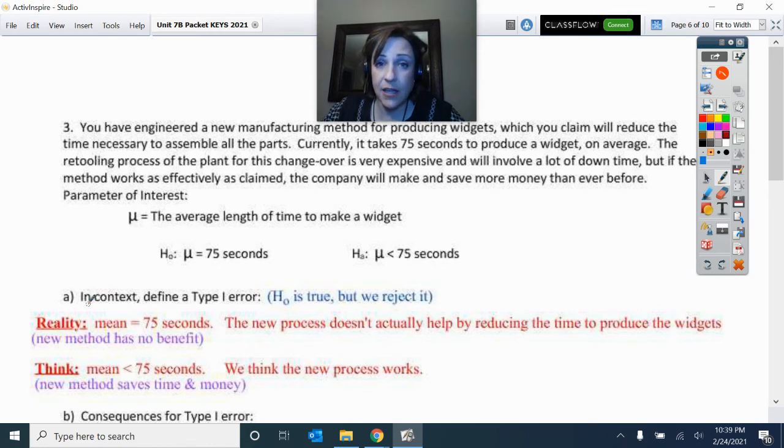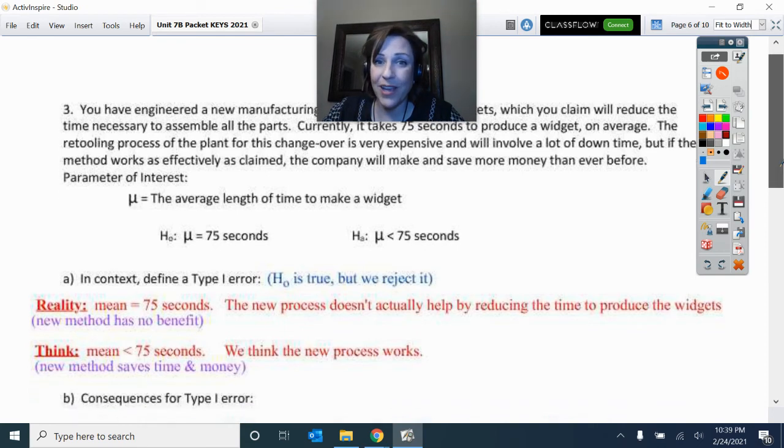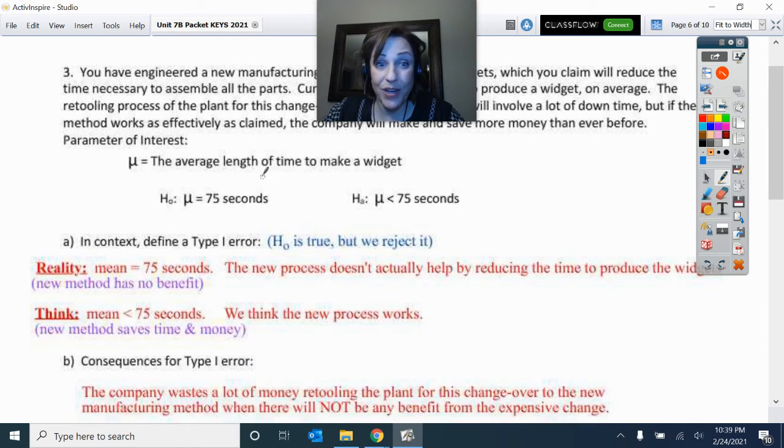In the context of a type 1 error, okay, the null is true. So that means that the new method is having no benefit, okay? That new process doesn't actually help by reducing that time. But look at what happens with a type 1 error.